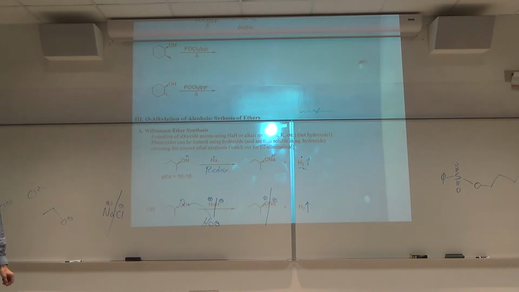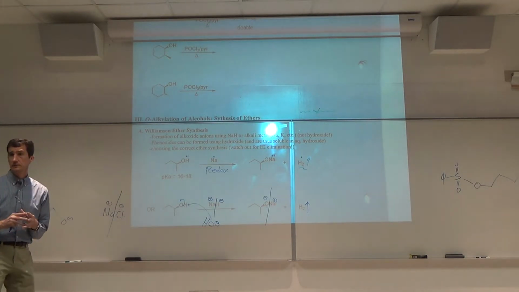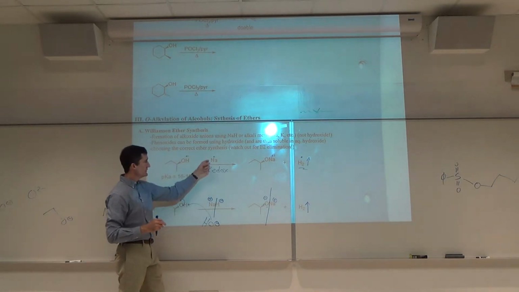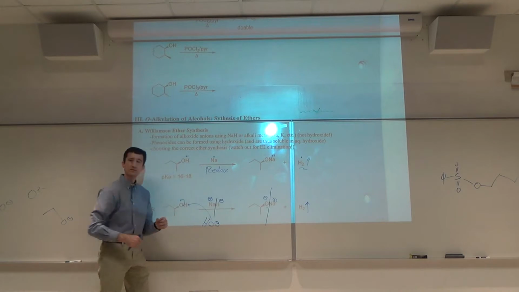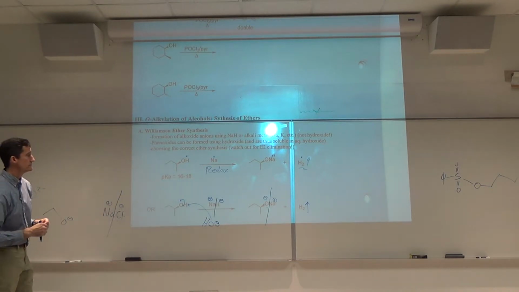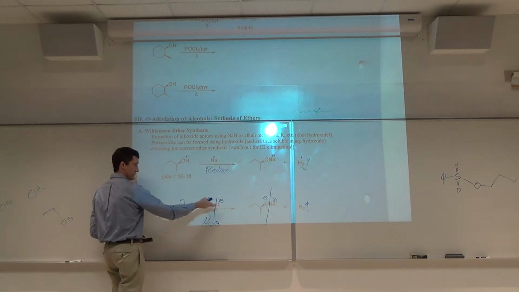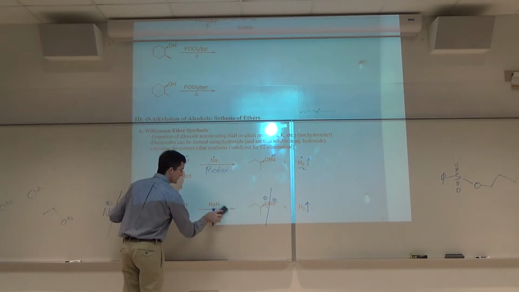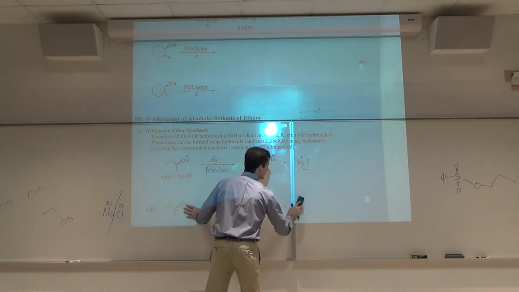Redox reactions are usually like radical reactions, and often very hard to show mechanisms for. We know this happens. And this is a much more common way because sodium is very cheap. Sodium hydride is not as cheap. More dangerous. It's harder to store, etc. Okay? So these are two common ways to make alkoxides.